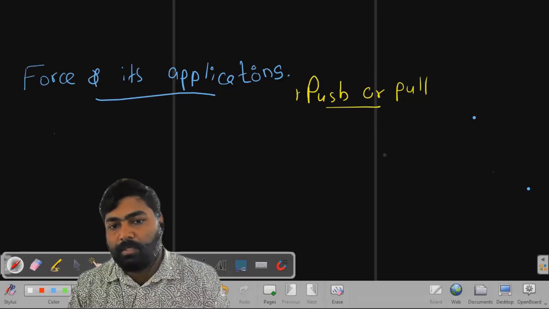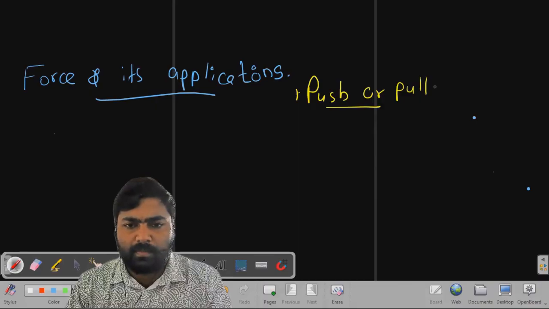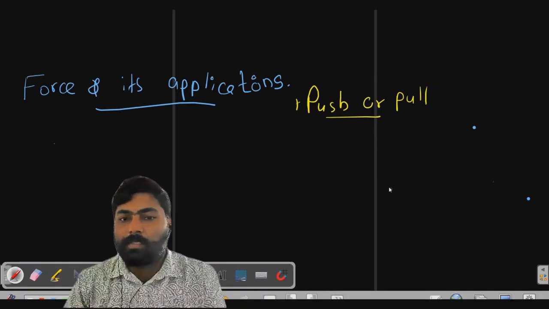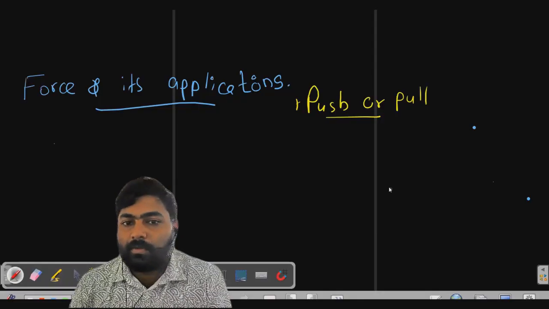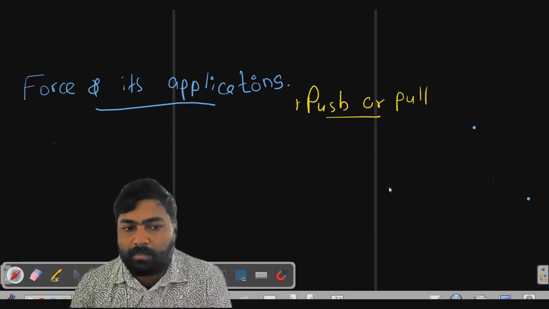Actually, we have a bit deeper definition in our syllabus, but for now, let's use this one. Push or a pull. Okay. Then tell me, what are the things that can happen when a force is applied on an object?